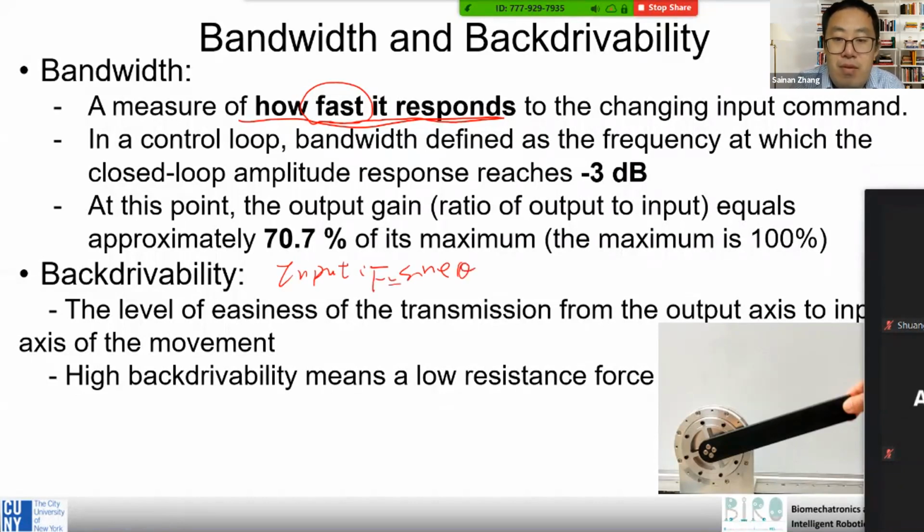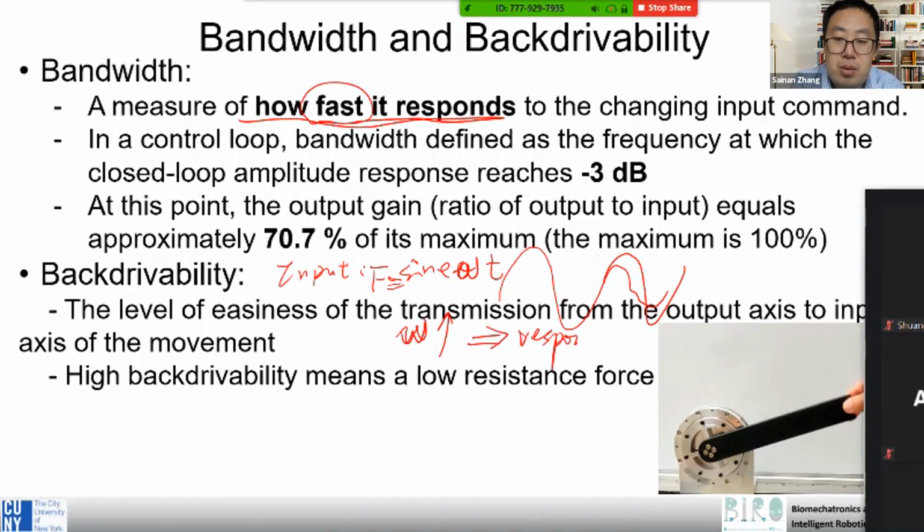We want the robot to track this signal. We can give either a sine signal or a chirp signal. In the simple sine case, we can increase the frequency omega in sine omega t and observe the response.